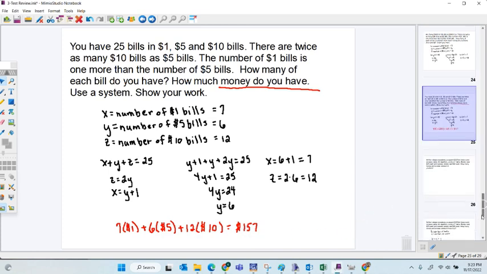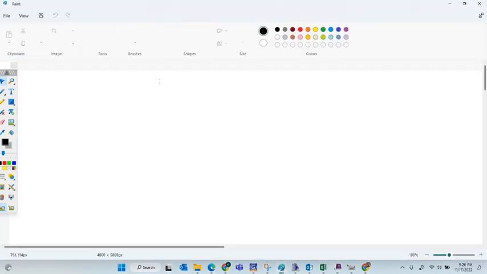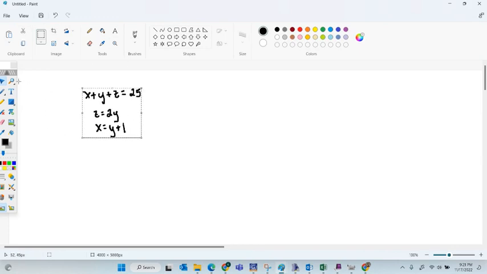Okay. As I said, I know some of you really love to use matrices. I think it's a little harder in this case, but let me just make sure that you know how to do that. All right, if we wanted to use a matrix on this, we would have to move it around a little.